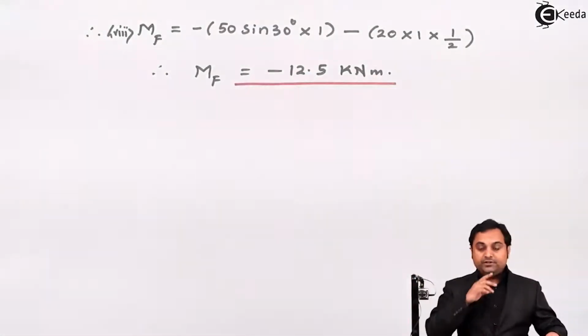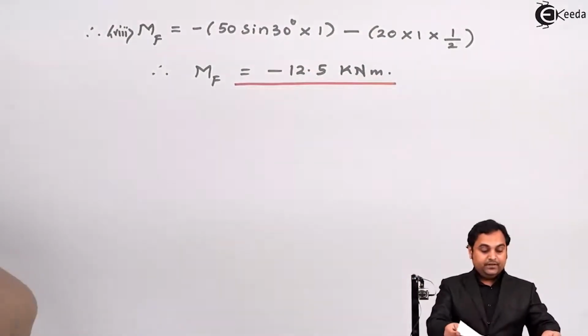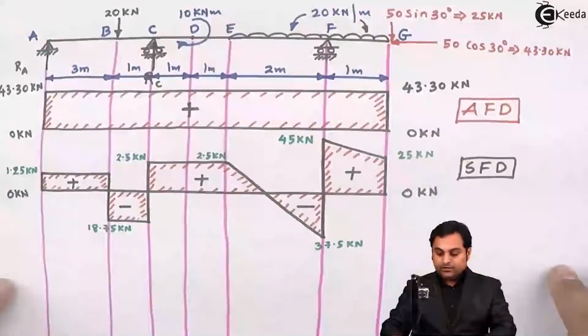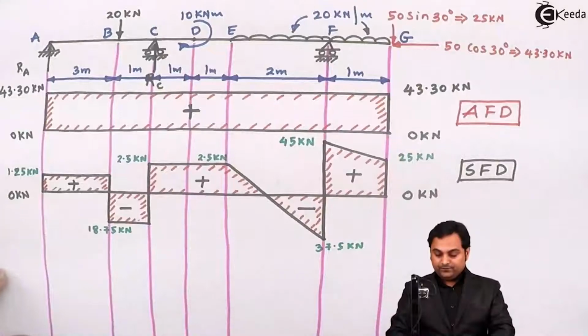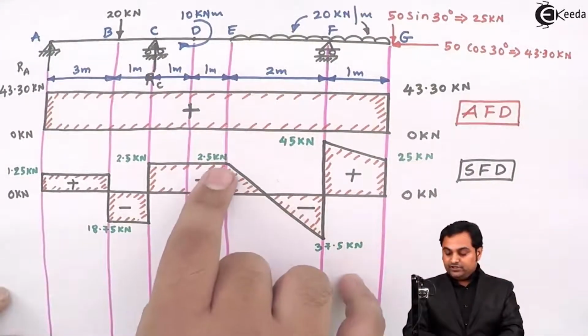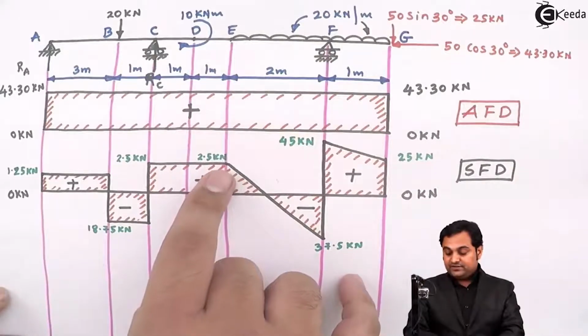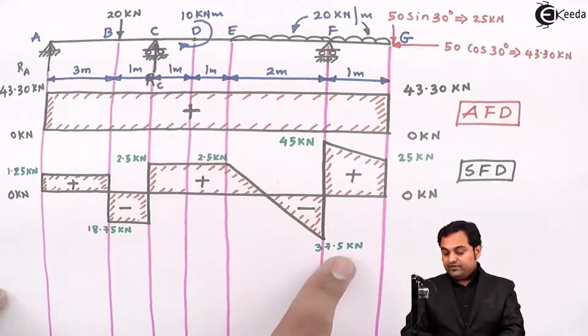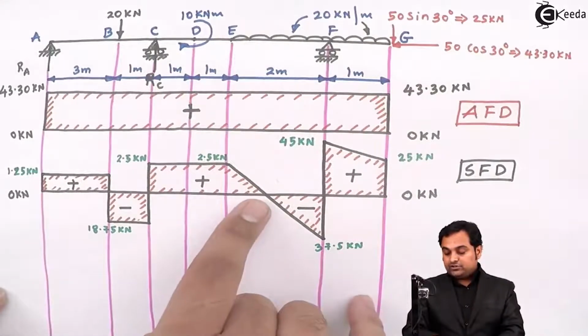Now I have calculated the moment at each and every location, but if I see in the shear force diagram, there is one point where the shear force is changing sign, as we can see here, from 2.5 to negative 37.5. So here it is crossing the zero line.